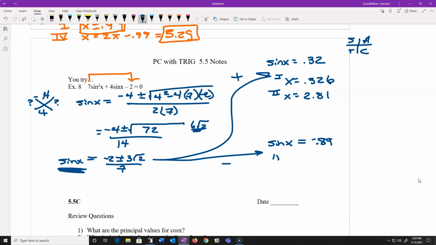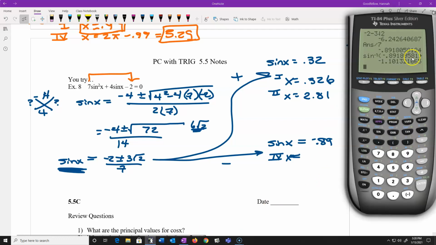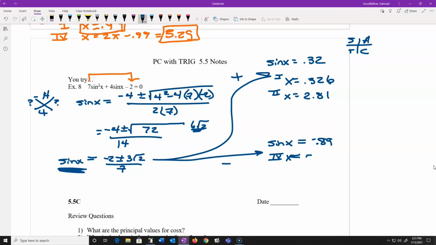So this is a fourth quadrant answer, and x is equal to a negative radian. Now, I don't like that, neither do you, so let's add 2 pi to it and write it as its positive name, which is 5.18. There is one of your answers, okay?